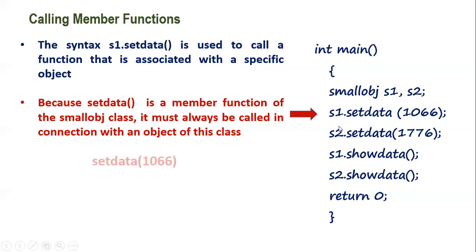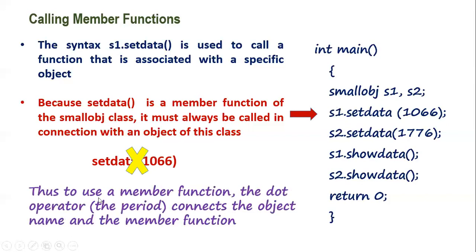Now we have to keep in mind that this is the way we used to call a function most of the time, before studying classes. Whenever we called a function, we gave the name of the function and then the argument inside. But you have to keep in mind that this is wrong here. You can only call a function in terms of its object. So to use a member function, we use a dot operator, which we also call a period.